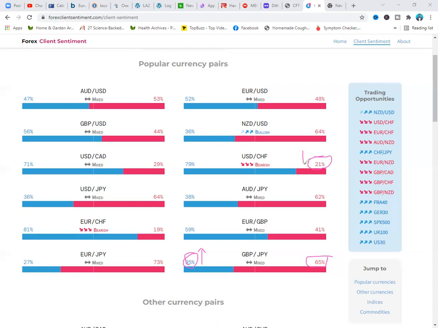So the banks will always want to go sell. They wouldn't want to go to the majority, which is about 79%. So if one should ask you what is the trend of USD CAD, the trend is definitely going to be a sell trend. So if you are supposed to trade along with the trend, then where do you think you will be? You have to be selling.